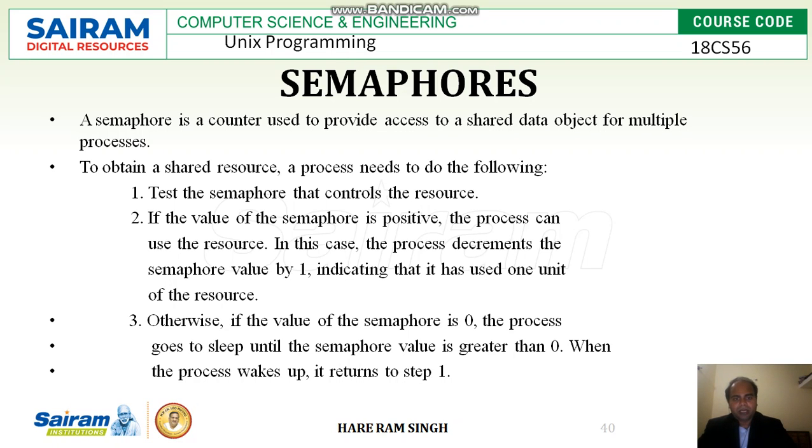So a semaphore is a counter used to provide access to a shared data object for multiple processes. It means some data can be shared among many processes. The semaphore acts as a counter and monitors all the processes that are accessing the shared data object.